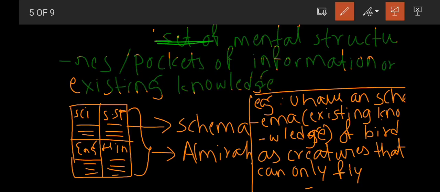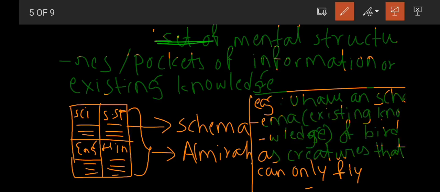Schema is nothing but existing knowledge. For example, if you have a schema or existing knowledge of a bird as a creature that can only fly, suppose you have the knowledge that birds are creatures that can only fly, then that is your schema. It is the packets of information or existing knowledge that everyone has.